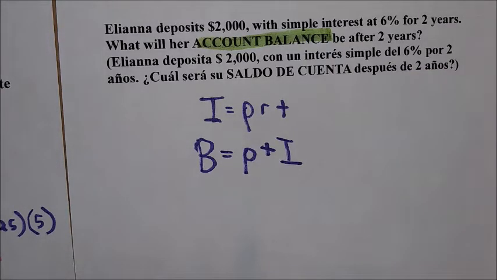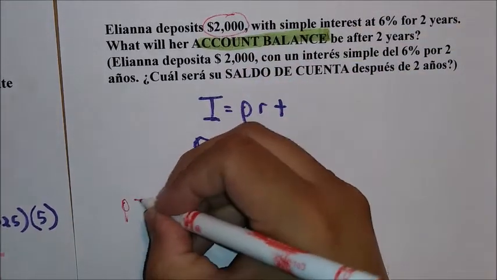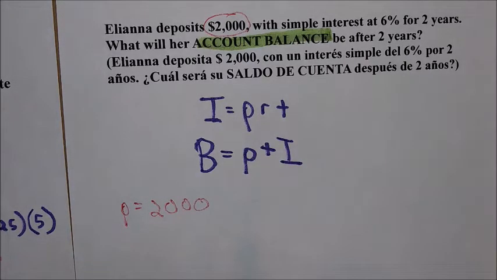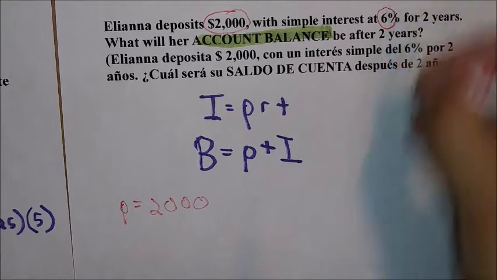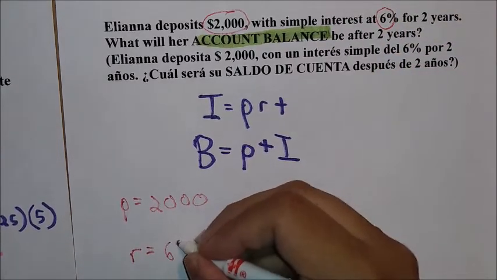So let's figure out what we have. She's starting with a principal of $2,000. Then she's earning 6% interest. The interest rate equals 6%.